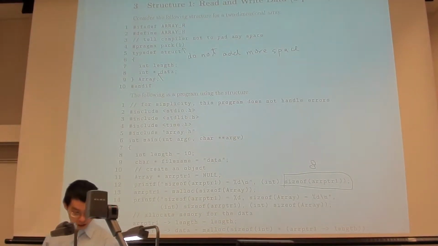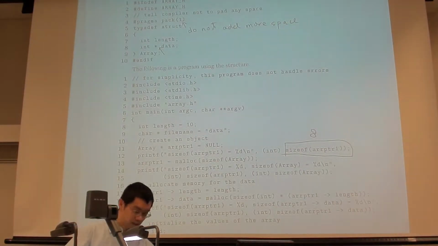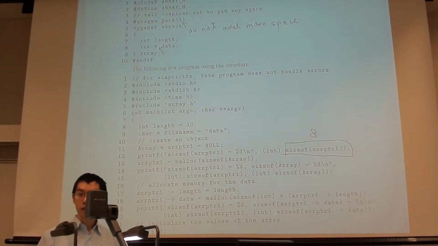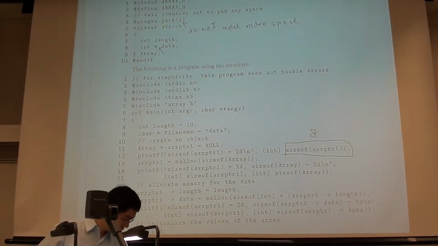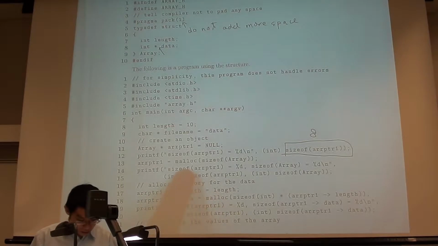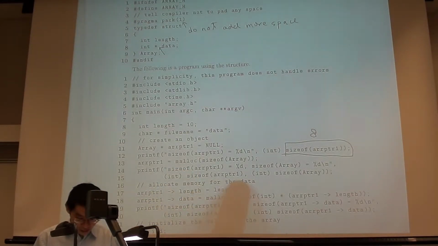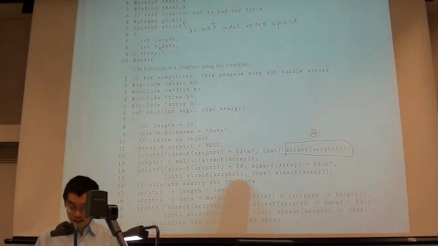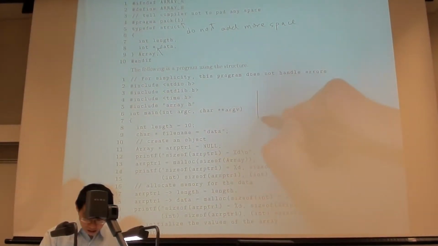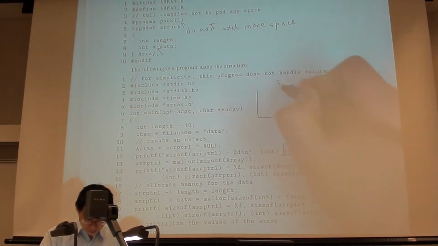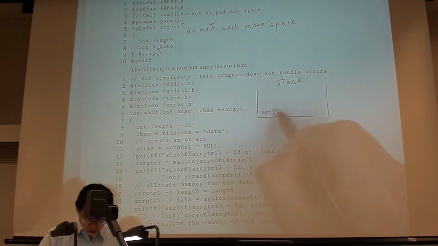Okay, so this will be 8 because it's a pointer. A pointer needs space for 8 bytes since it's a 64-bit machine. Then we allocate the memory. Then we ask you again how much space this needs. It's still 8, right? So what this means is in your stack, you have ARR, PTR.